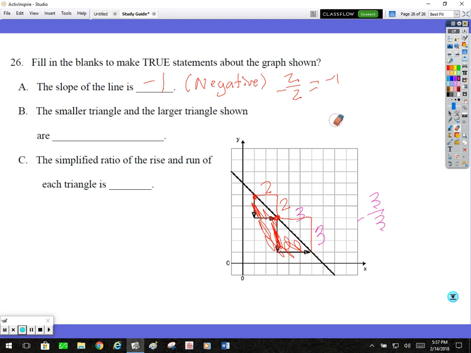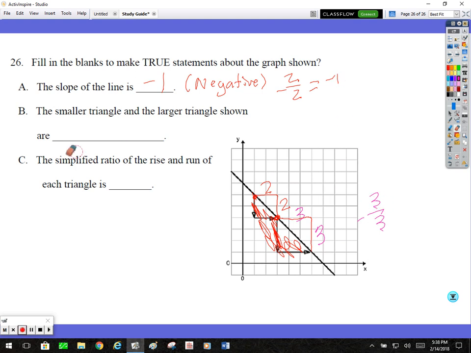Okay, well, if we reduce that to negative 1, what we notice is if this is negative 1, that's negative 1, then the smaller triangle and the larger triangle shown are similar triangles. That means they are similar because their slopes are the same. Okay, so the smaller triangle and the larger triangle shown are similar because their ratios are the same. So that would reduce to negative 1.